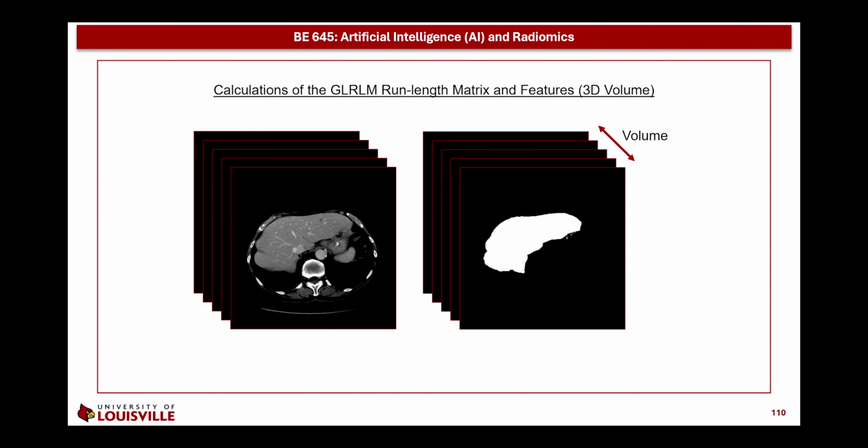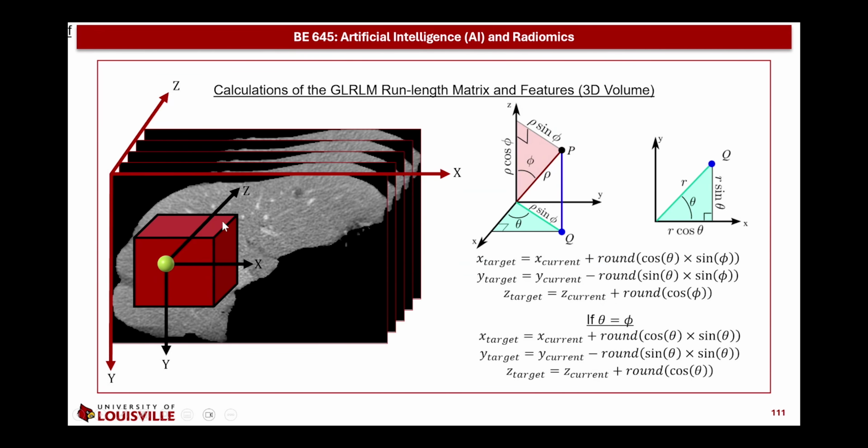Then we need to apply our matrix and features on a 3D volume, which consists of a set of slices. And similar to GLCM, where we calculated the new XYZ equations in 3 dimensions based on the spherical coordinates, we got these 3 formulas, but in our case we removed the d or substituted it by 1, but kept the cosine and the sine similar to GLCM.